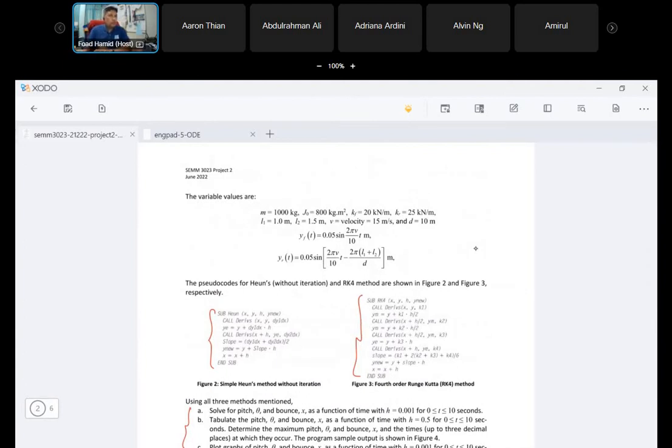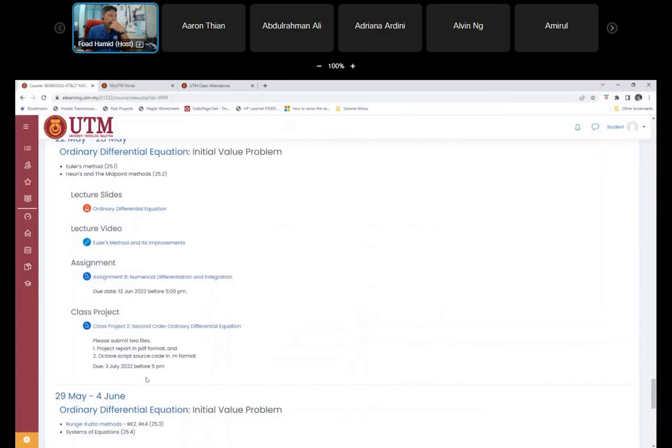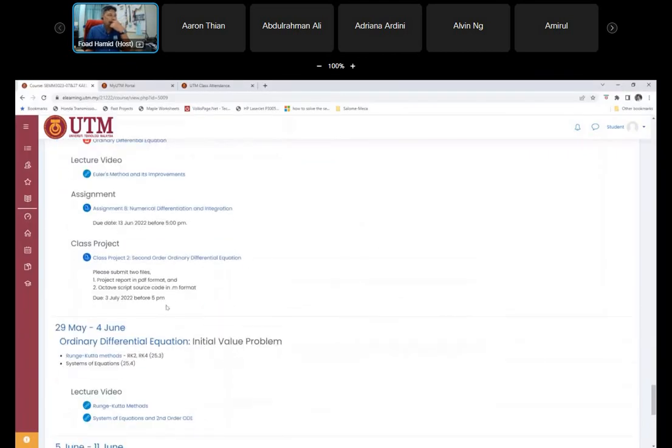Okay, so the due date is on 3rd of July, before 5 p.m. Ini selalu pun berlaku ni. Saya kata 5 p.m. Ada lagi pelajar yang 5:30 baru contact. Doktor, tadi internet saya bermasalah.